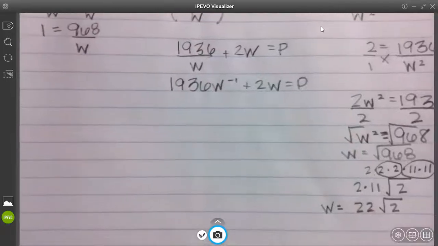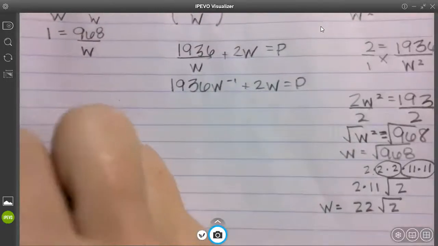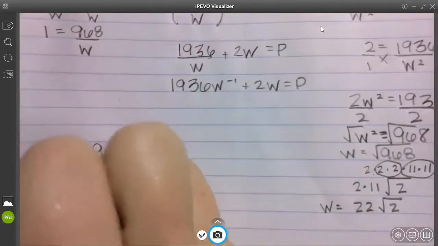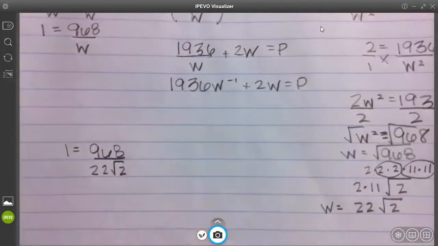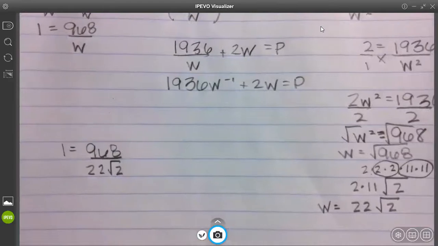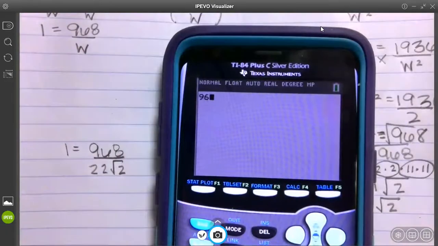Remember that formula up there in the top corner that you can see now? 968 divided by 22 square root of 2. And if you look, again, you don't have to find this. I'm just trying to show you how, just in case when you get to some other ones, you have that. I do want to show you 22 square root 2.